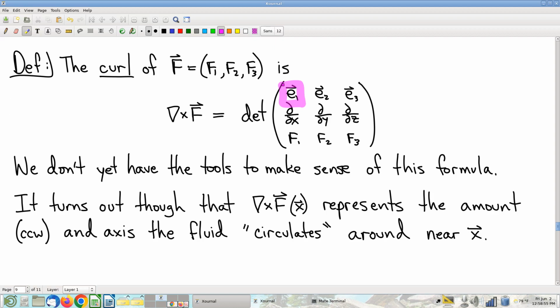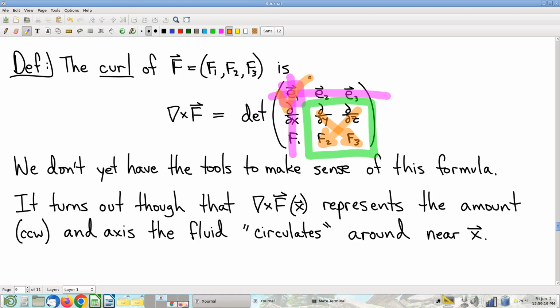The first coordinate of the curl, following the usual rule, is this little symbolic determinant, which is the y partial of F3 minus the z partial of F2. That is our first coordinate of our curl vector. And then likewise for the second coordinate, likewise for the third coordinate.